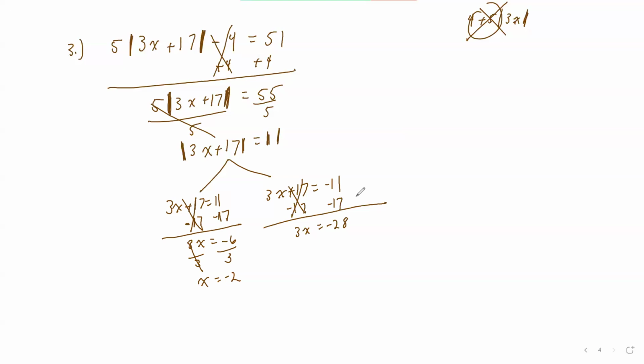I don't think 3 goes into 28. Yeah. I think if it would have been 4, then it would have been 7. So in this case, I can just leave it like that. That's a 3, by the way. I wouldn't go any further.